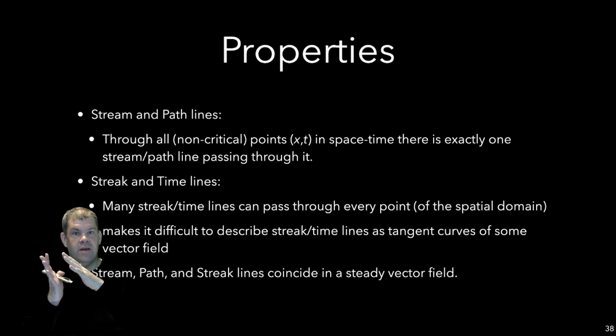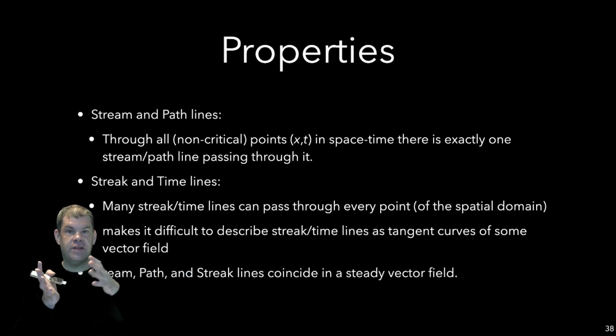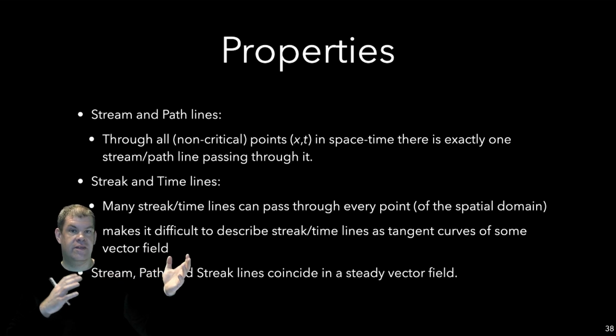Notice that I've defined stream and path lines as this initial value problem, where I related the tangent of the flow field to the line. You probably haven't noticed, but I have done this for a very specific reason. I haven't shown you how to do this with a streak line, for instance, right? There was no formula here that said streak line has this relation.